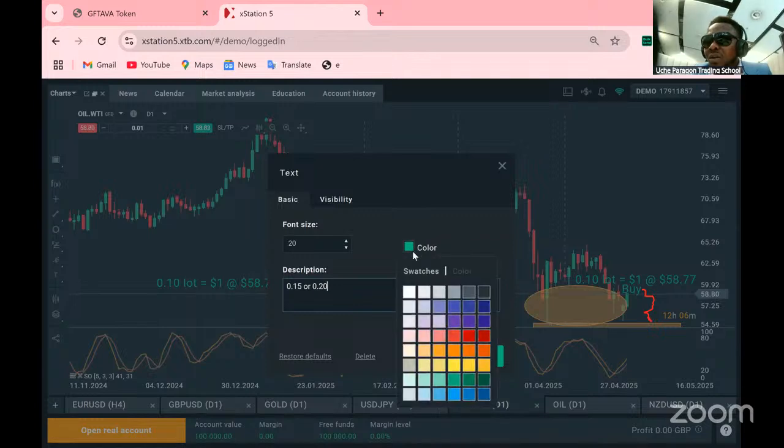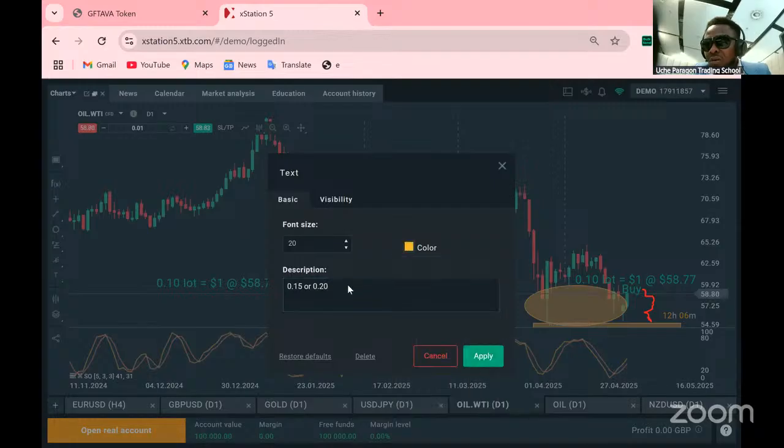So let me change the color to yellow, and make it a bit bolder so that it will be more different, 25 bold.